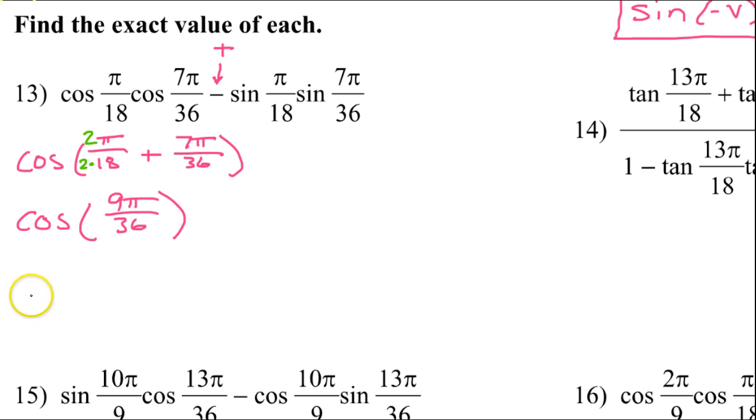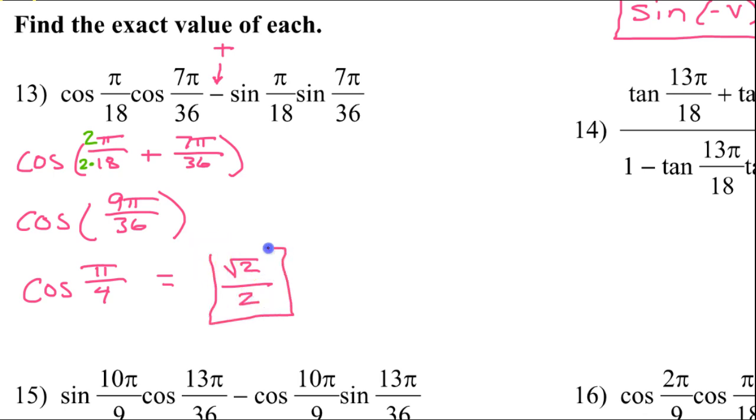So this would be the same thing as cosine pi over 4. And this is one of the values we have memorized. We know that the cosine of pi over 4 is radical 2 over 2, or you could have said 1 over radical 2. Alright, so that's it for number 13.